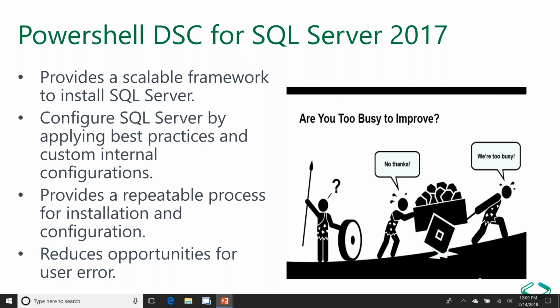It's repeatable, so there are fewer mistakes that you can make when you're setting up a server. For instance, if you change the error log rotation on one server, but you forget it, I would always forget to at least do that part, and then a couple months later I would see that the error logs weren't rotating like they should. So this is all built into the configuration now, so that we don't have to manually configure that.